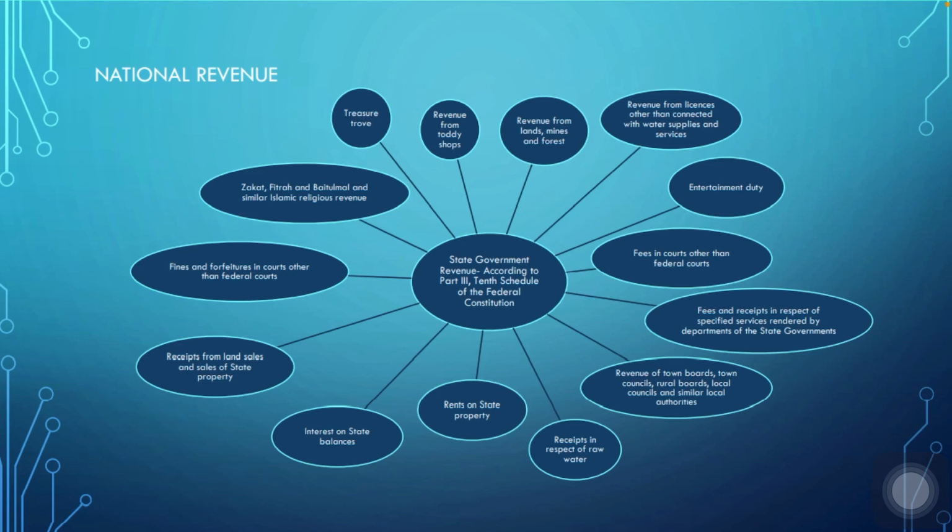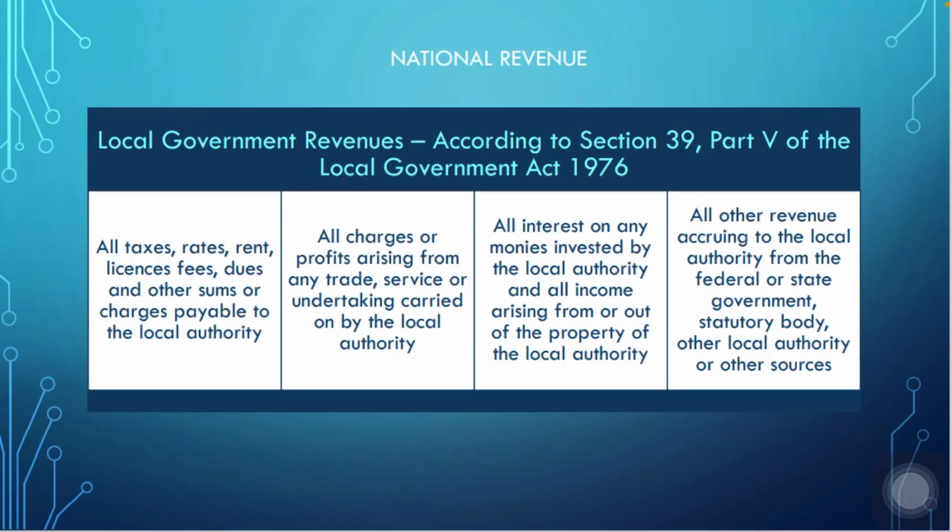So contohnya macam sekarang, bayar compound, tak pakai mask bayar RM1,000, tak patuh SOP bayar RM1,000. Itu merupakan hasil-hasil kerajaan untuk dapatkan duit untuk negara kita.